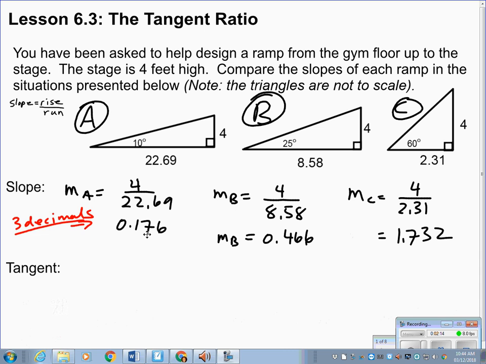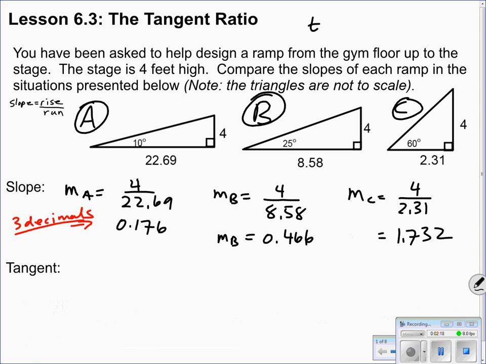The tangent ratio on your calculator looks like this: tan. Look for it on your calculator. Now, here's the rule. You take a look at this 10 degrees.